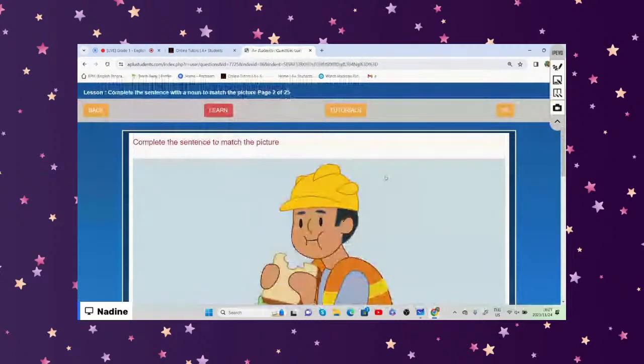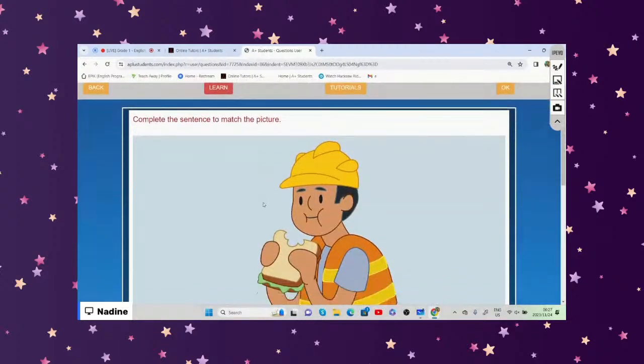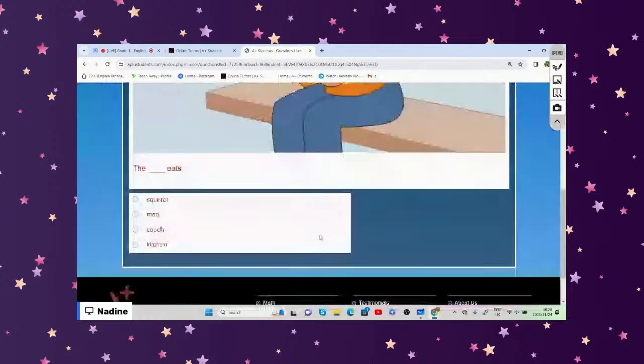Now it says we need to complete the sentence to match the picture. So who eats? Look at the picture.